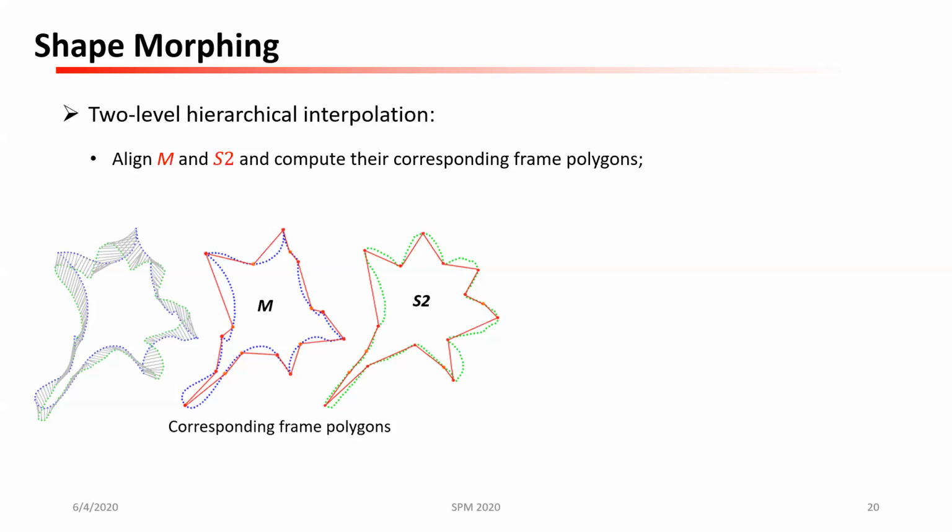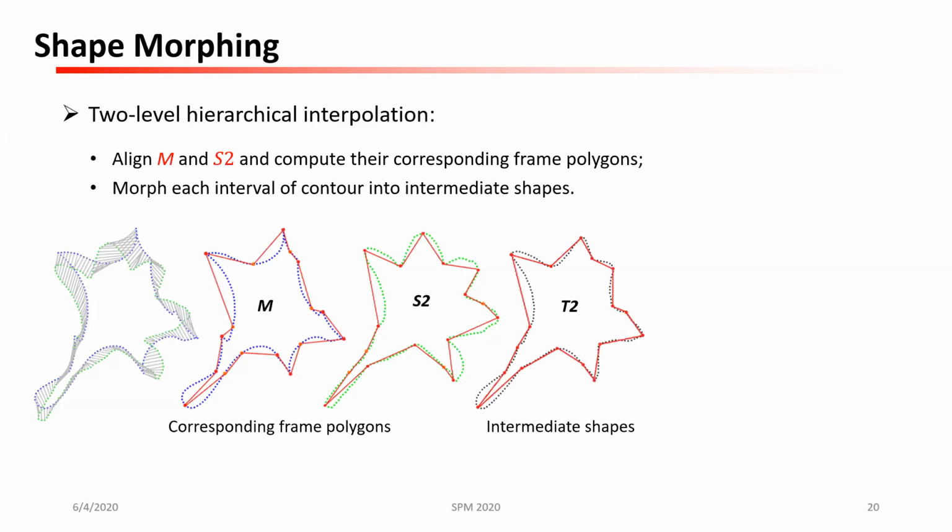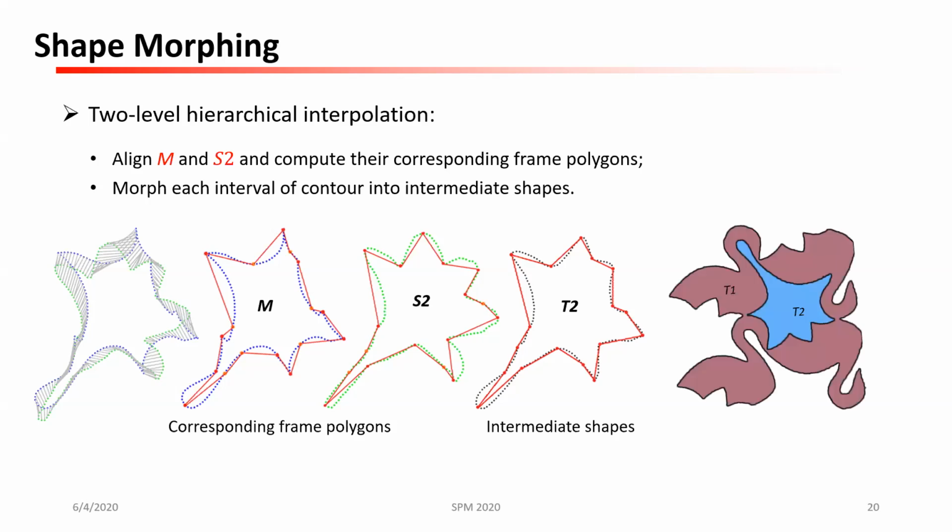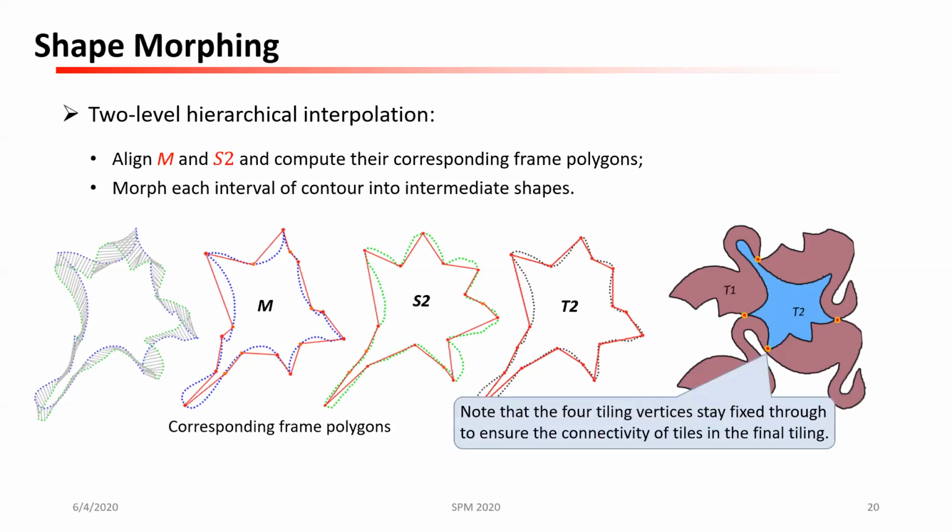First, align M and S2 and compute their corresponding frame polygons according to the tiling vertices and feature points. Then we morph each interval of contour into intermediate shapes to obtain the optimized result of T1 and T2. The 4 tiling vertices stay fixed through the morphing process, thus ensuring the connectivity of tiles in the final tiling.